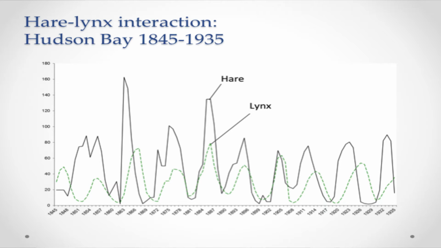Of course, the lynx feeds on the hare, so we have a predator-prey interaction here. But spontaneously, most of us would believe that this system would converge to some stable level. A certain number of lynx per square kilometer, a certain number of hares per square kilometer, and that's it. And yet you have these violent oscillations.